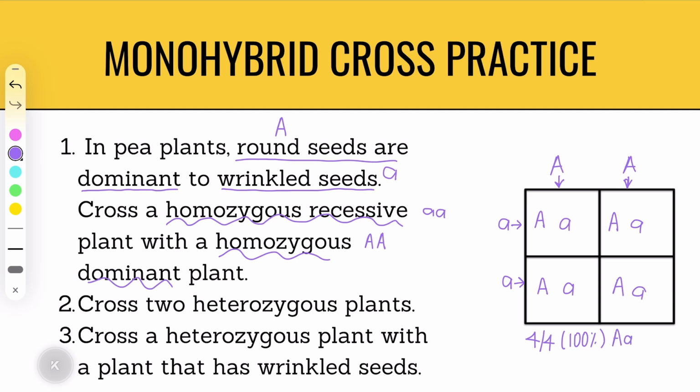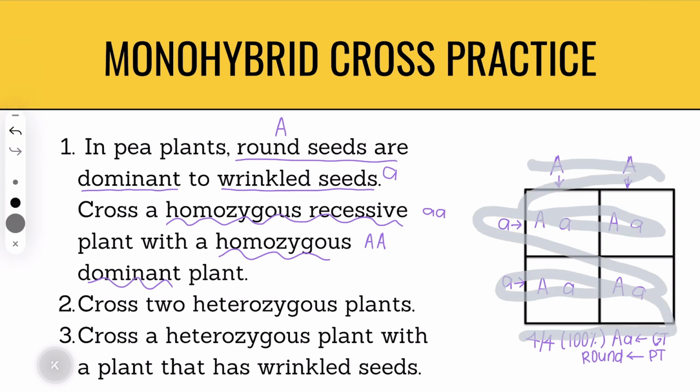And I know that that means that the dominant trait is going to be the one that's shown, which in this case is going to be round. So this is the genotype, right, because this is the alleles, and then round would be my phenotype.